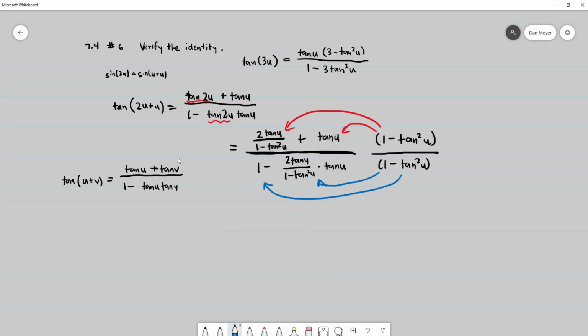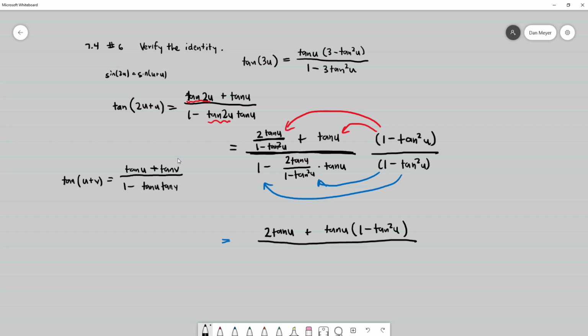All right. So on top, when I do the first distribution, I get just 2 tangent u, since the denominator cancels out when you multiply through, plus tangent u times 1 minus tangent squared u. So that's what we get when we distribute on top.